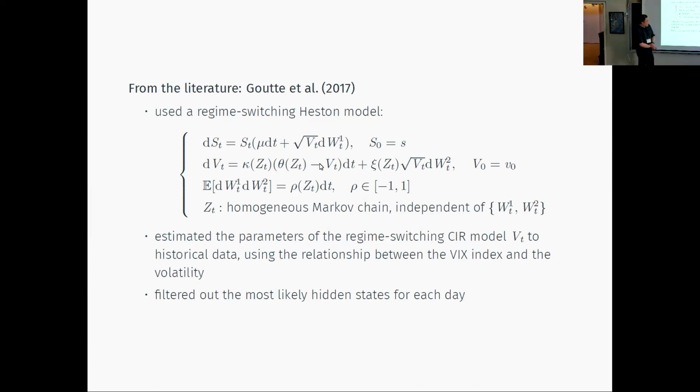So they also study the S&P 500 index, but this time they use a regime switching Heston model. The evolution of the S&P 500 index is assumed to follow the Heston model, but the volatility is assumed to be a regime switching CIR model.